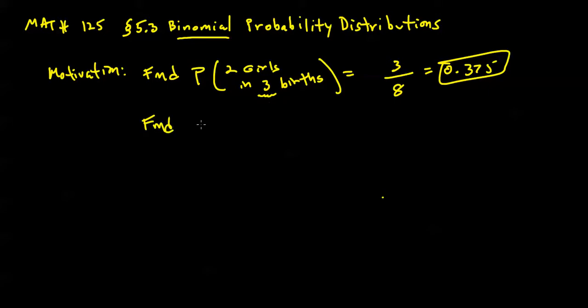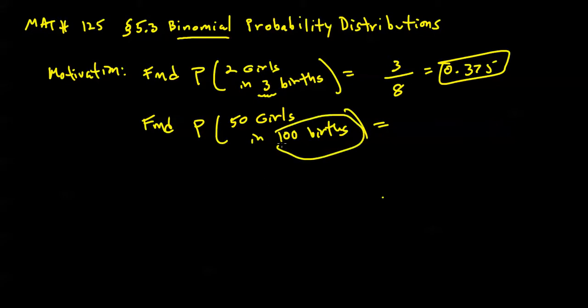Suppose I was to ask you this. Find the probability of 50 boys, or 50 girls, let's say, in 100 births. Well, right away we've got problems. If you think about 100 births, that means you've got 2 to the 100th power possible outcomes, and I don't even think our calculator can handle 2 to the 100th power, at least not easily.